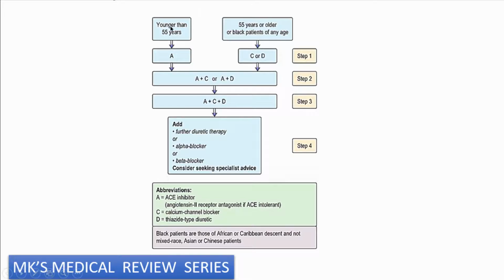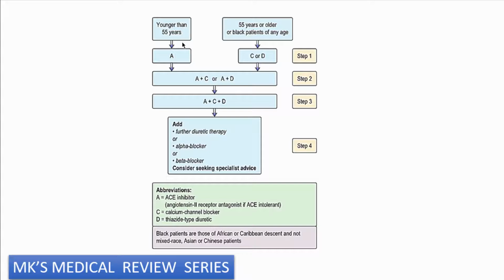So the steps are as follows. You have an individual that is younger than 55, or you also have an individual that is older than 55, or a black individual of any age. So an individual that is younger than 55 and is white or Caucasian or whatever it may be, they respond very well to ACE inhibitors. Black individuals have very low concentrations of renin, so usually drugs that work on the renin-angiotensin system do not really work so well.